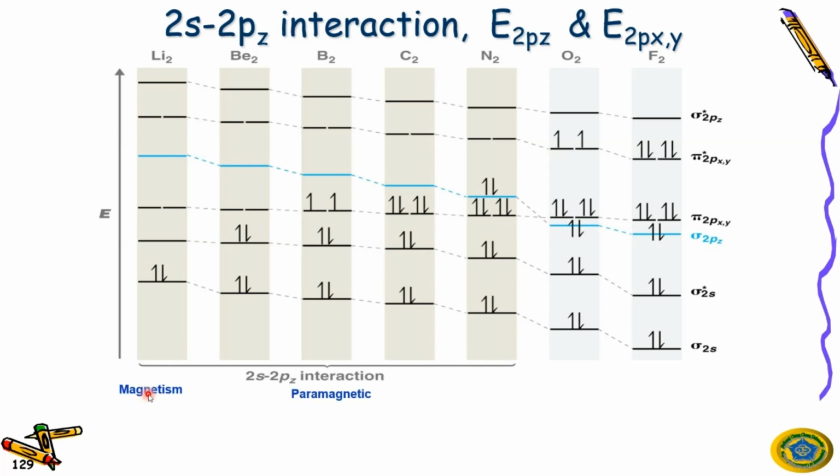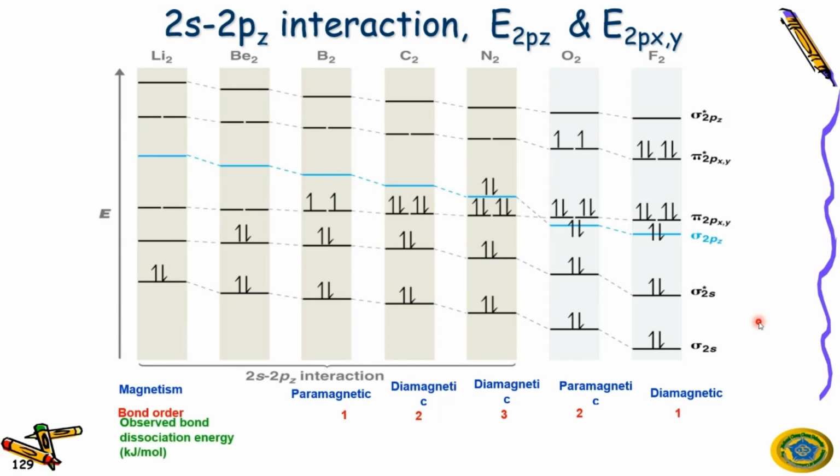As you can see, if you have unpaired electrons, it is paramagnetic. So the boron molecule is paramagnetic. Carbon is diamagnetic because there is no unpaired electron. Nitrogen, no. Oxygen, yes, you have unpaired electrons. Fluorine, no. For the bond order, boron is 1, carbon 2, nitrogen 3, oxygen 2, fluorine 1.